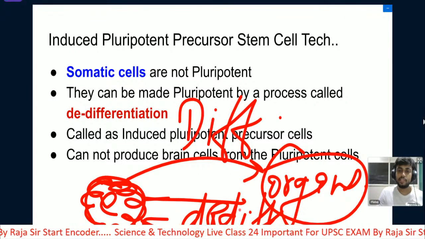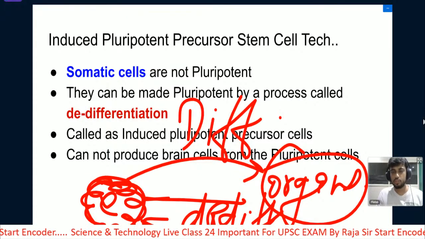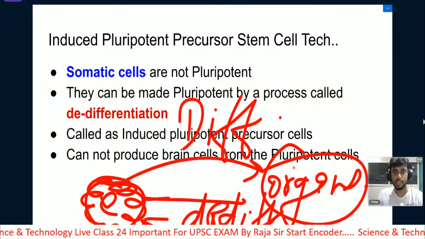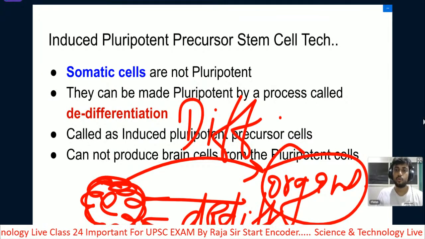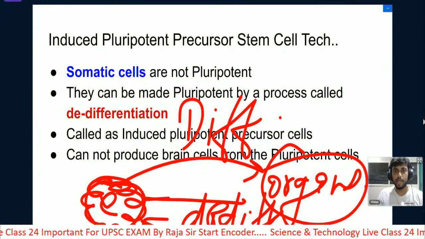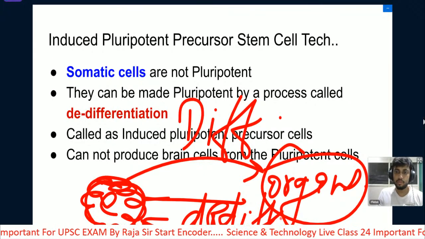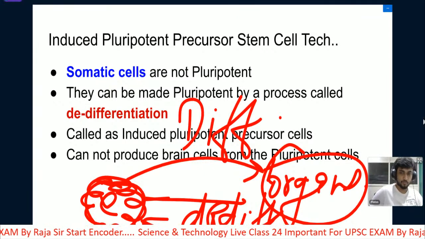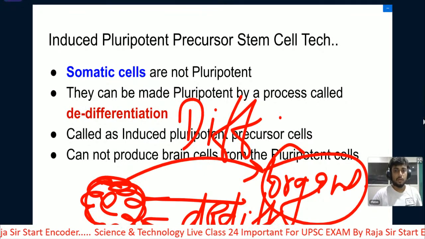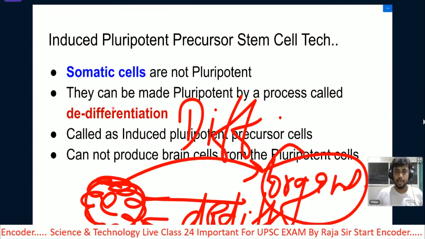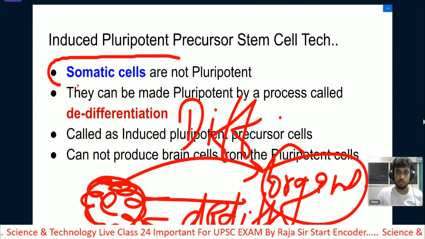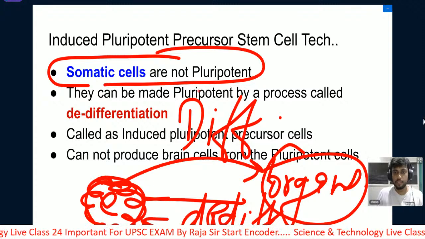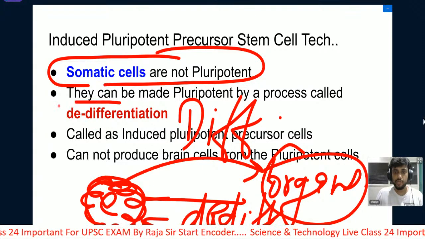De-differentiation is the opposite of differentiation. If you get different kinds of cells from the embryo, then you should also be able to produce embryo-type cells from these different kinds of cells. So somatic cells are not pluripotent, but we can induce pluripotency in them by the process of de-differentiation.